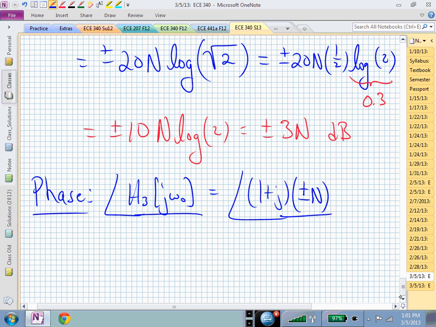And now we simply say what's the angle of 1 plus j? That's 45 degrees, isn't it? So this now becomes plus and minus 45 in degrees right at the break frequency, right at omega equal to omega naught. Question?